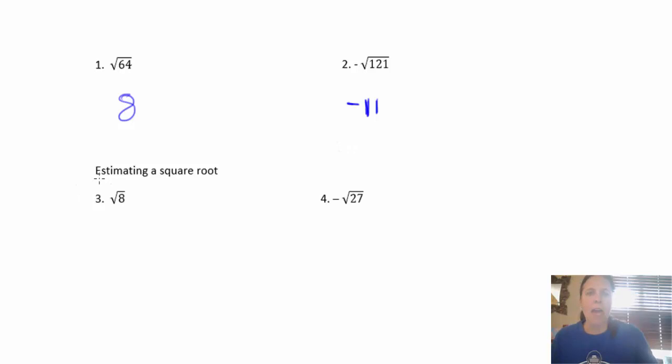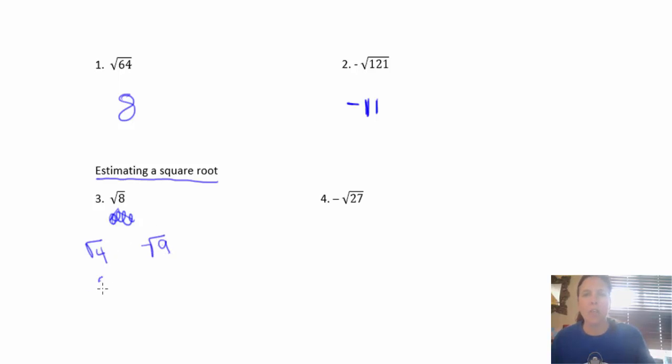Okay? Now, estimating a square root is exactly what it means. The square root of 8 is not perfect. I don't know what the square root of 8 is, but we can figure out what it's in between. Let's say the square root of 4 and the square root of 9 are both perfect squares.